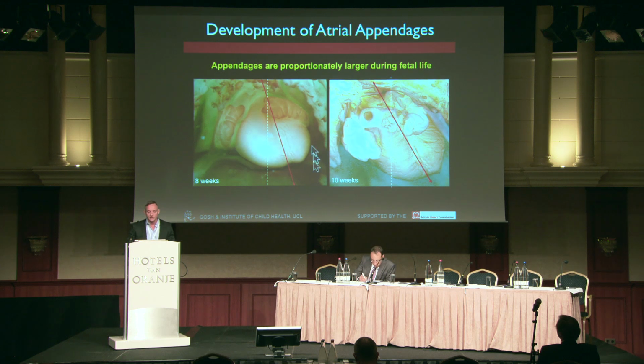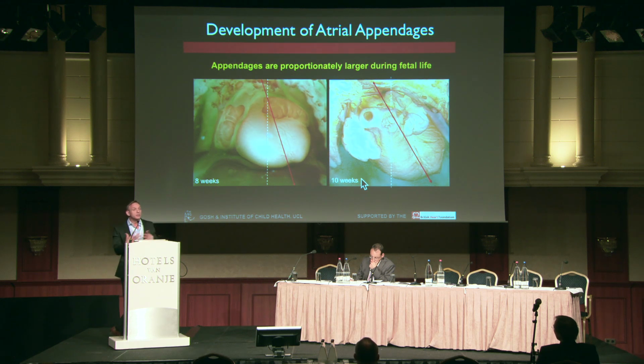The appendages begin their characteristic shape very early in development, so we can see them as characteristic structures from 8 weeks development, and here you can see at 10 weeks. It's important to recognize that they form a much larger proportion of the overall cardiac mass early in fetal life, particularly in the first trimester of pregnancy.